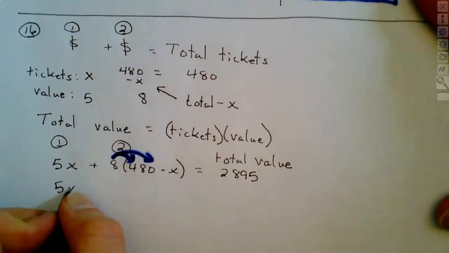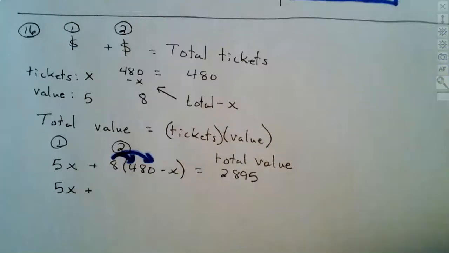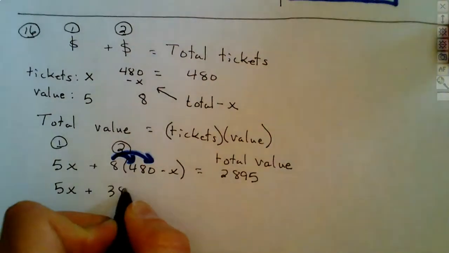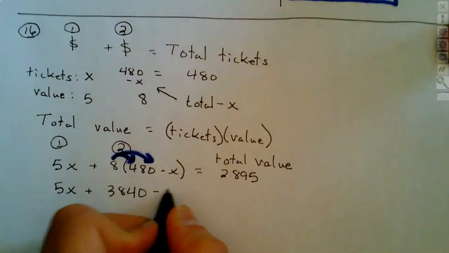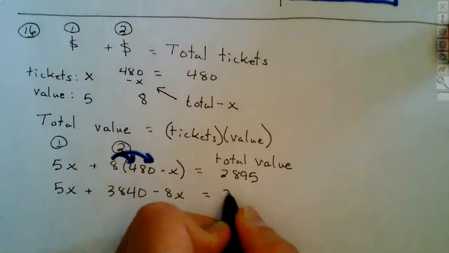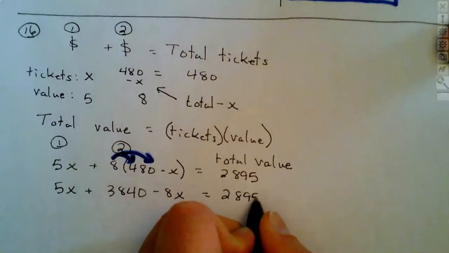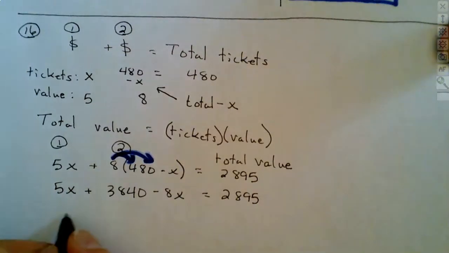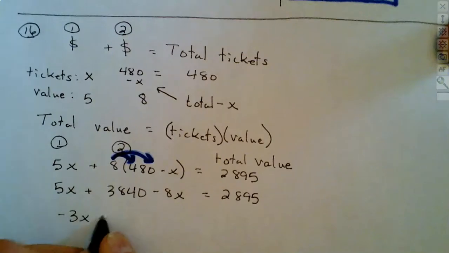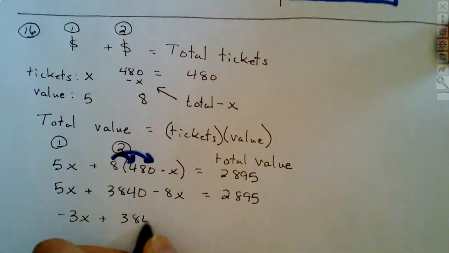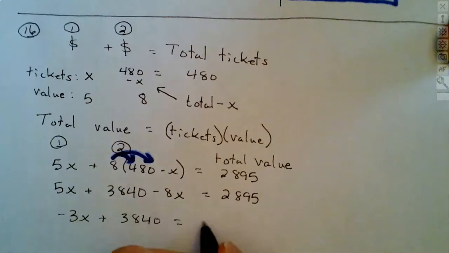So that is then 5x plus 8 times that 480. So that's 3840 minus 8x, and that equals 2895. Combined, we get a minus 3x plus 3840 that equals then 2895.